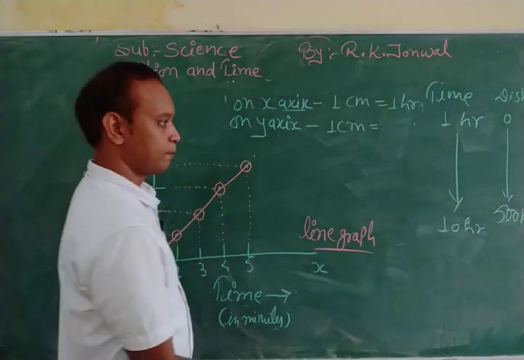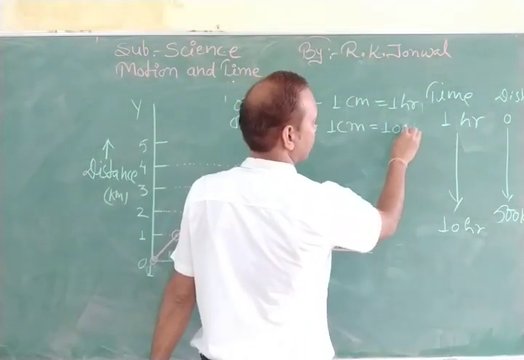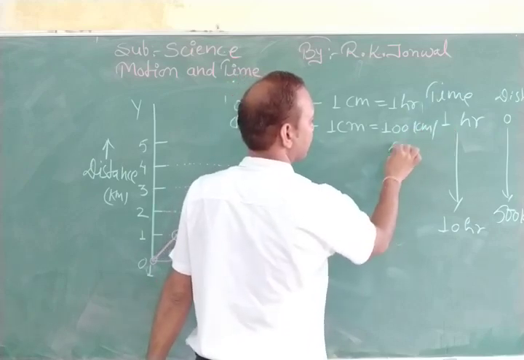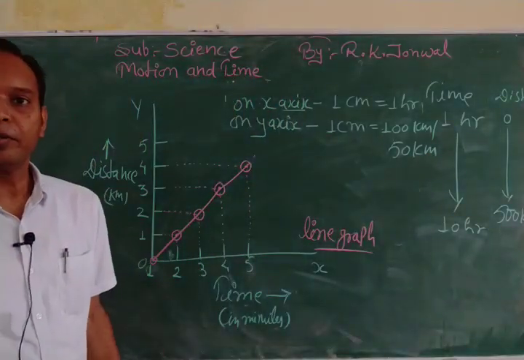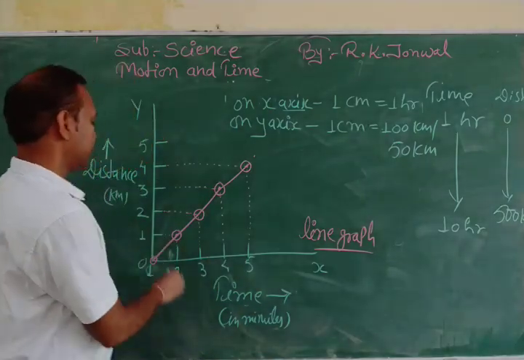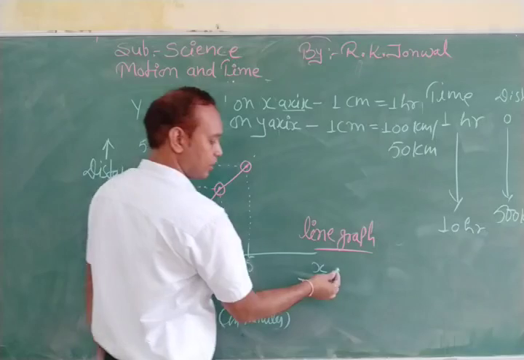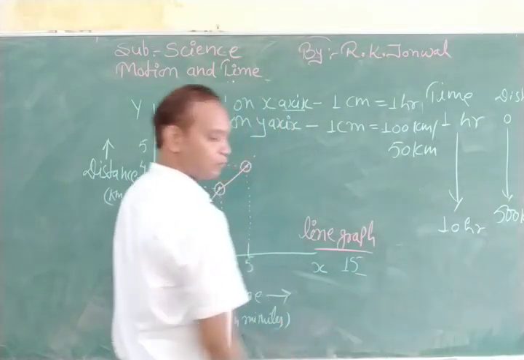That should be 1 centimeter equal to 100 kilometer, or it may be equal to 50 kilometer. Because in a graph paper, the lines of graph paper are a maximum of 15 on the y-axis, and on the x-axis it also may be 15.